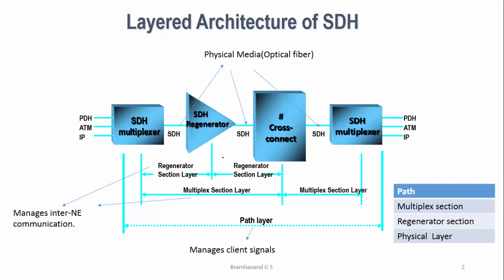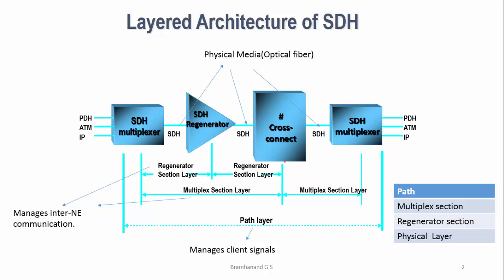Multiplex section layer and regenerator section layers are involved in managing the inter-NE communication. As we know, the multiplex section layer is between an SDH multiplexer and a cross connect, or between two multiplexers.